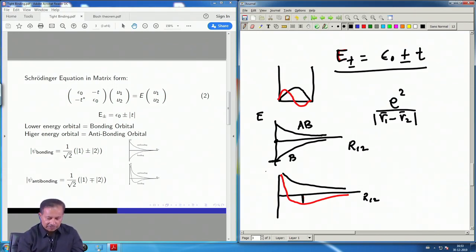That had to be the case because the Coulomb interaction basically diverges if R12 equal to 0. So, there has to be a minimum somewhere in between, and that is exactly what this kind of picture gives you. This is the antibonding and this is the bonding, and this is the stable distance at which the nuclei will settle down.